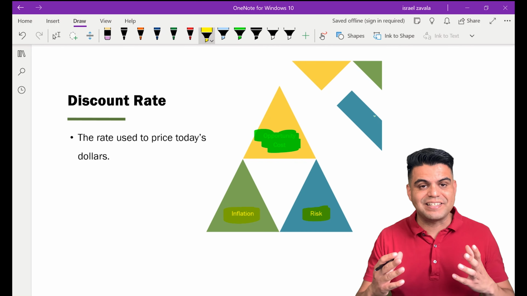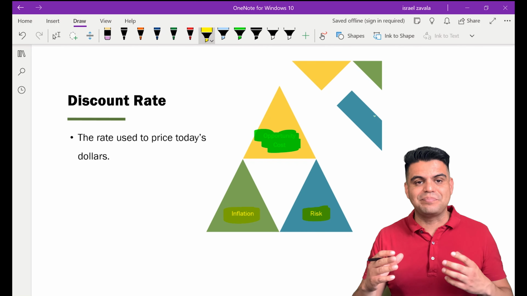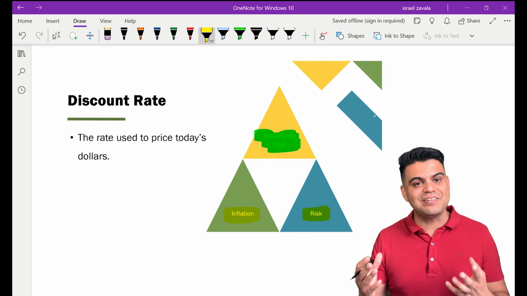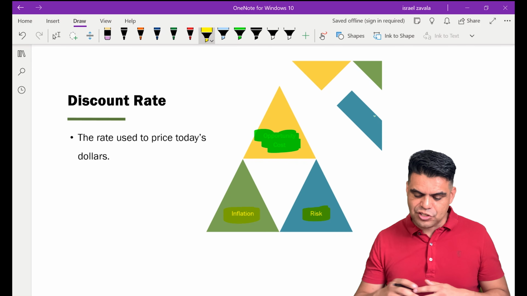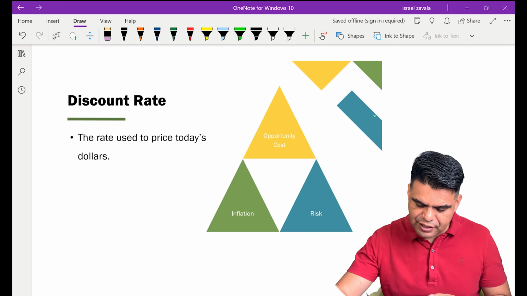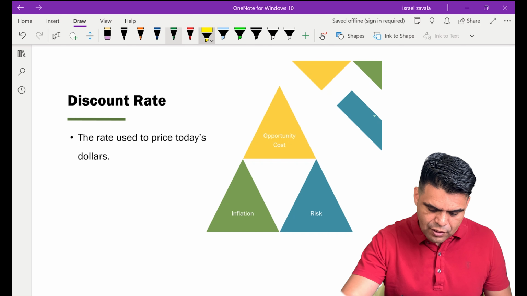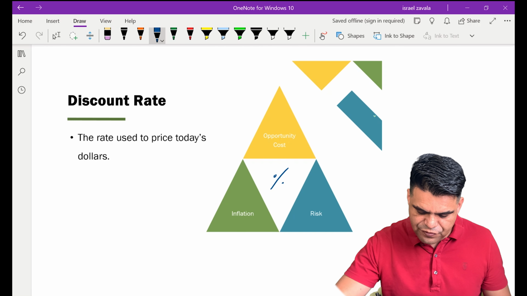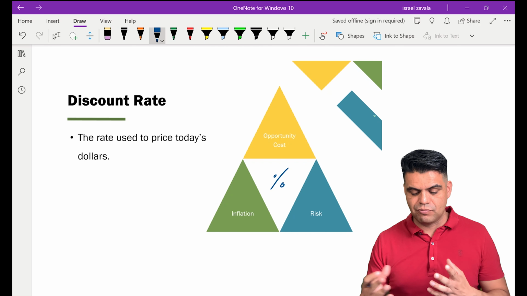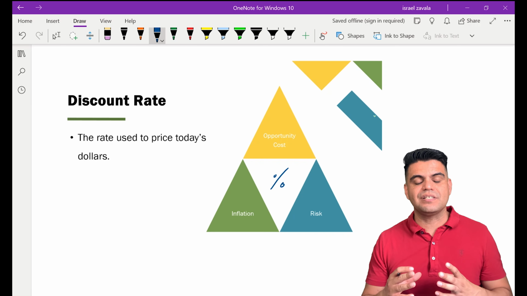Okay, if you've ever lent someone money, right, and expect it back, there's inherently risk that you may not get that money back, right? So we take into consideration these three building blocks, and we come up with a specific discounting rate. We weigh each of these to figure out.